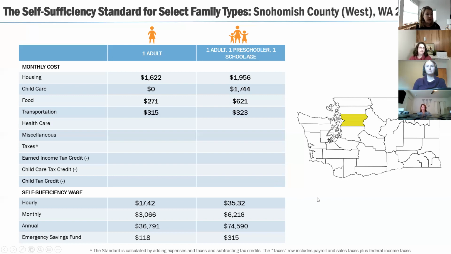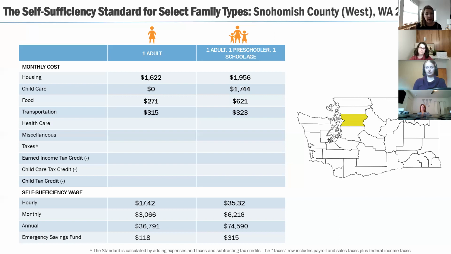The next cost that we have is transportation, and we have two methodologies for determining the transportation costs in a given county. The first is considering public transportation. So if 7% or more of workers use public transportation in that county, we assume that most likely low-wage workers are using public transportation as the form of getting to and from work and childcare.